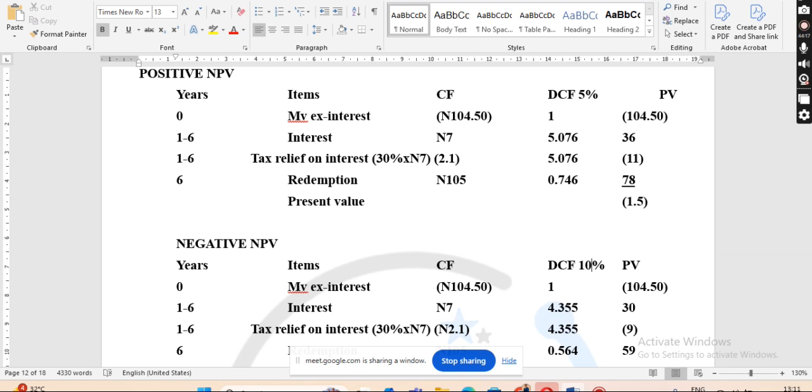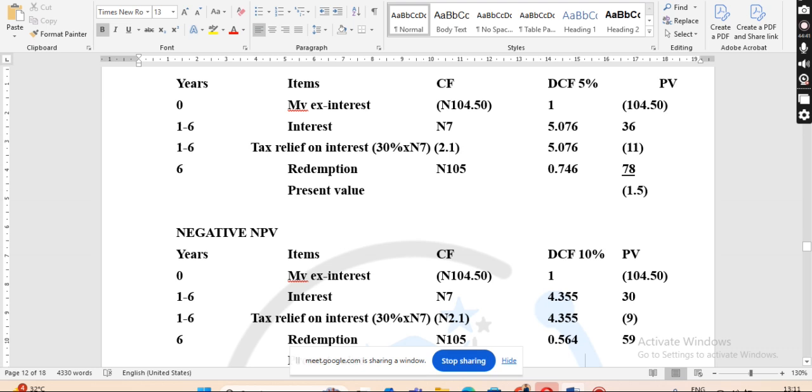The lower your DCF, the higher, more positive it is. If you lower it to 4%, the higher it is. So when you increase it, it will become negative. Please take note of that.